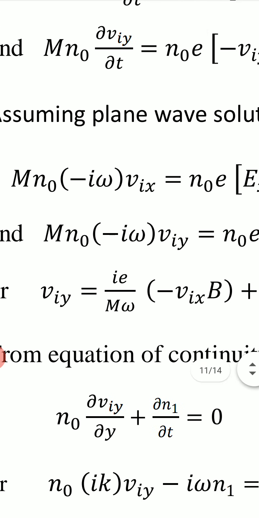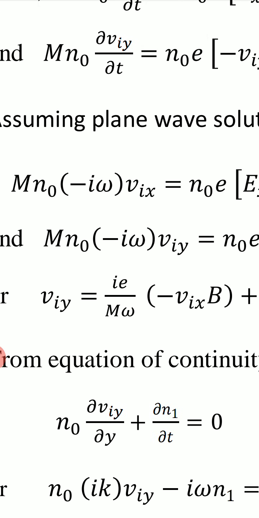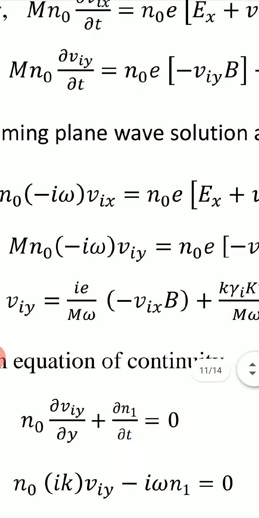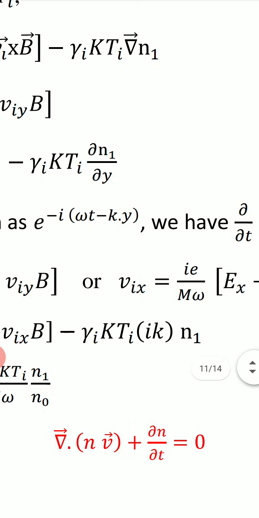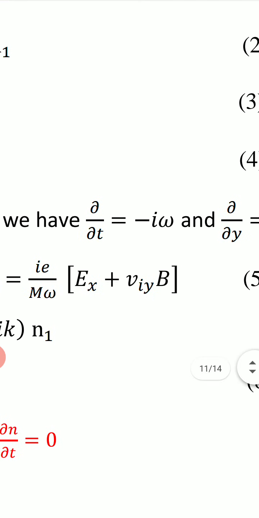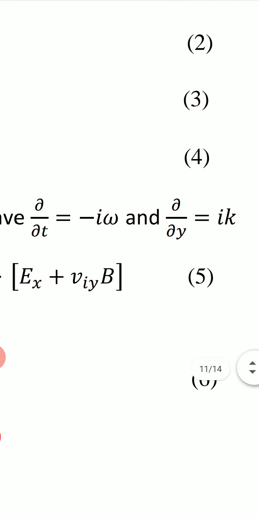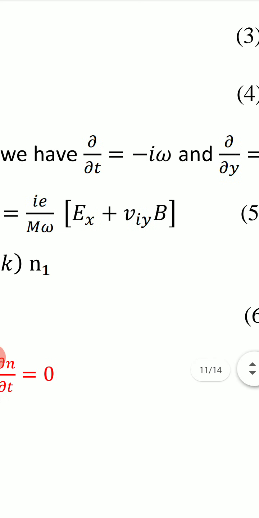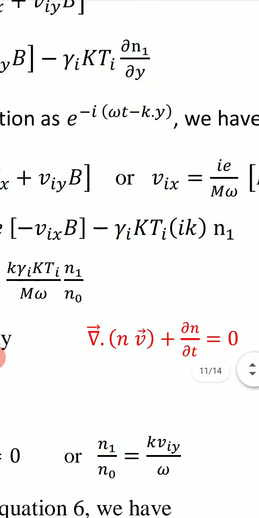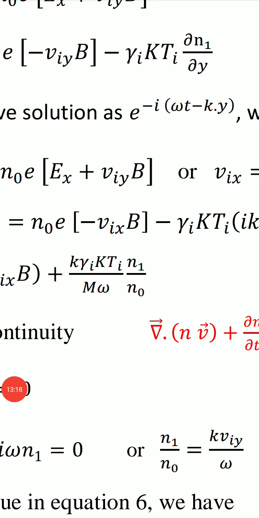Put these values of delta upon delta t and delta upon delta y in the above two equations, 3 and 4, for x and y components, then we get these two equations, equations 5 and 6.